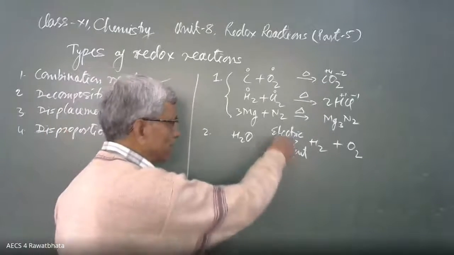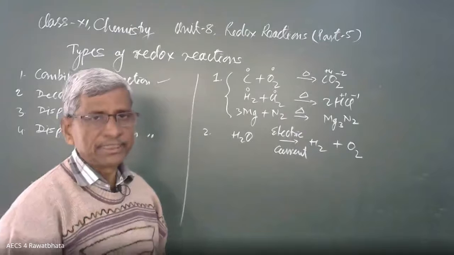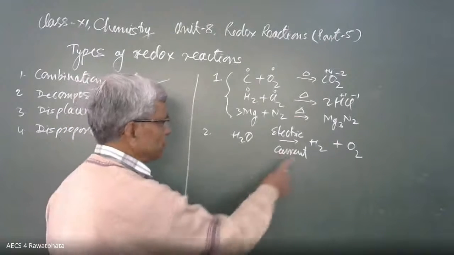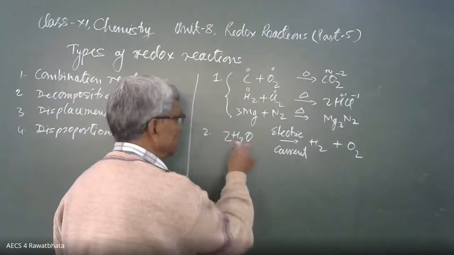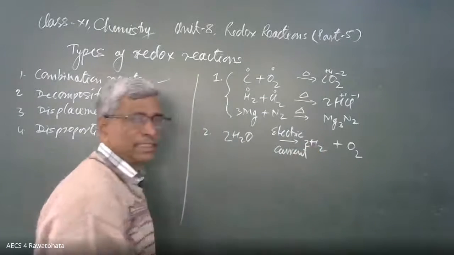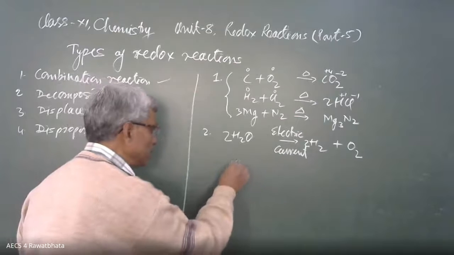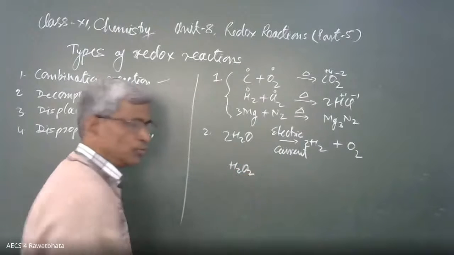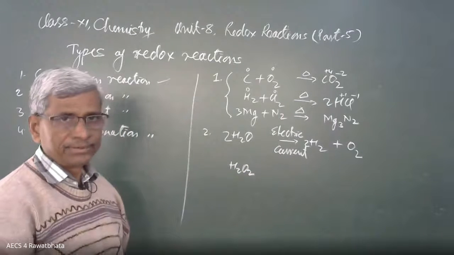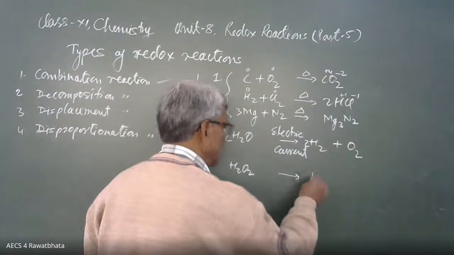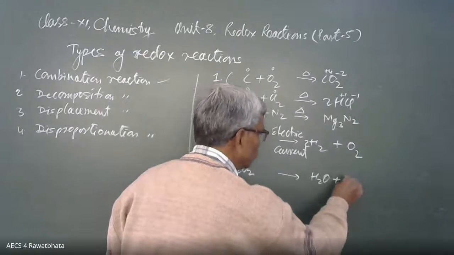And here we have to pass the electric current. This condition is not necessary, simply you have to mention. You can mention the reaction. Oxygen is 2, that's why 2. And here hydrogen is 2. This is decomposition reaction.